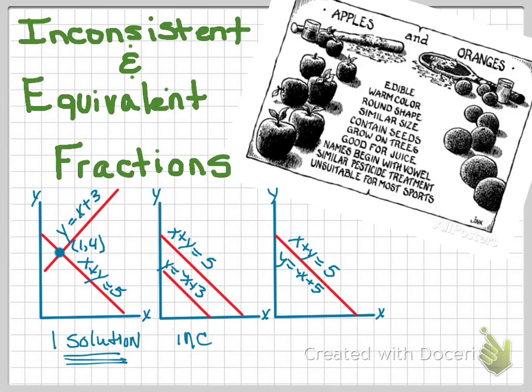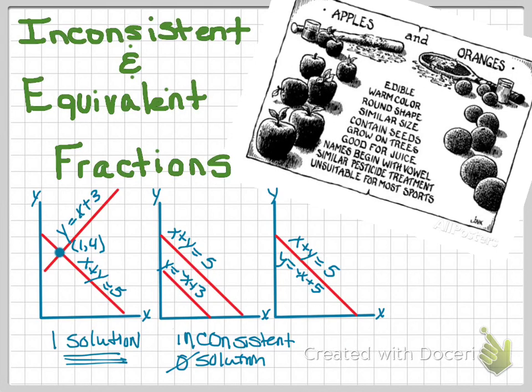This relationship of two linear equations with two variables is inconsistent, and what we'll see here is that they won't have a solution, no solution at all.